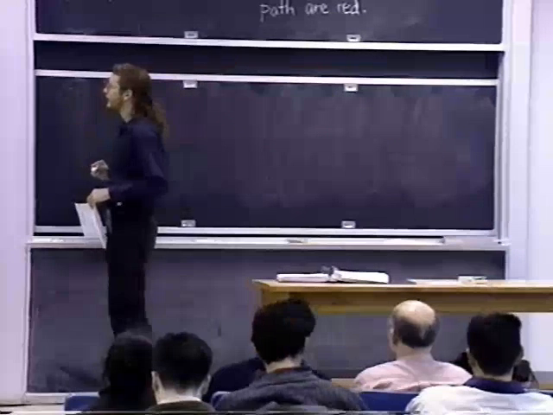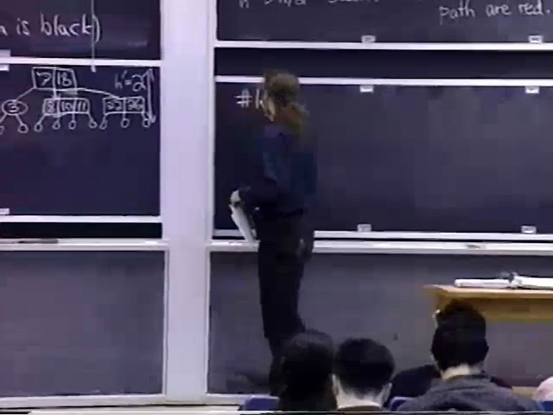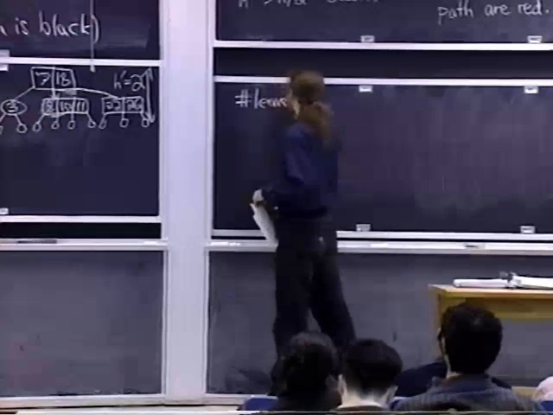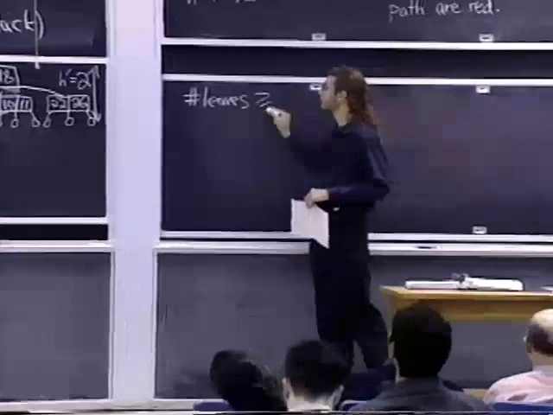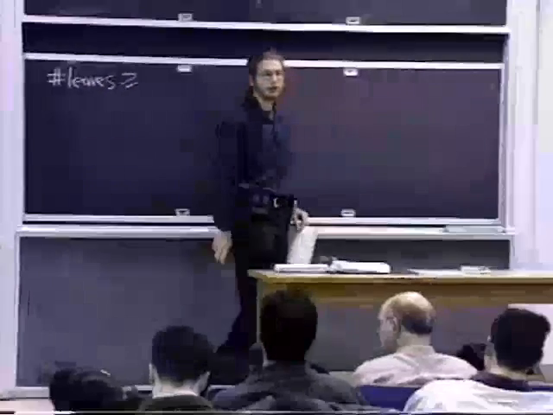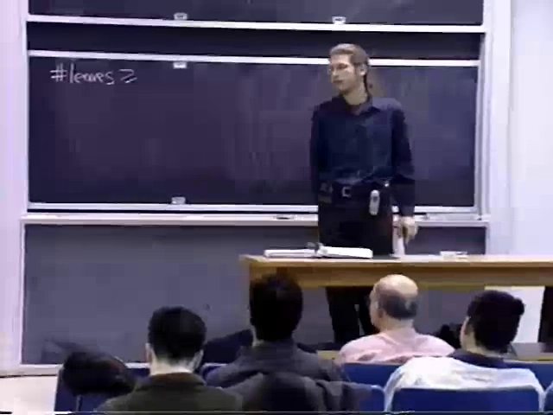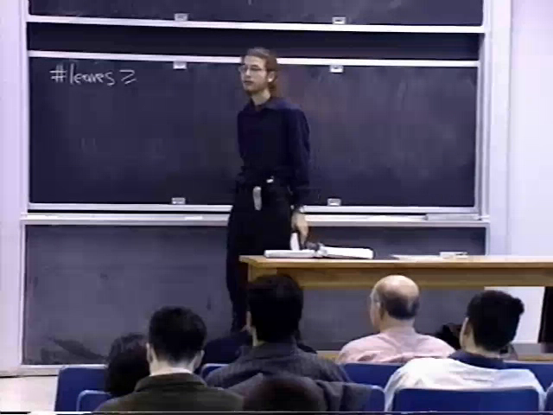If we want to analyze the height of this tree, maybe the easiest thing is to count the number of leaves. So can anyone give me, let's say, a lower bound on the number of leaves in this smaller tree, in terms of its height? So we want to know its height.